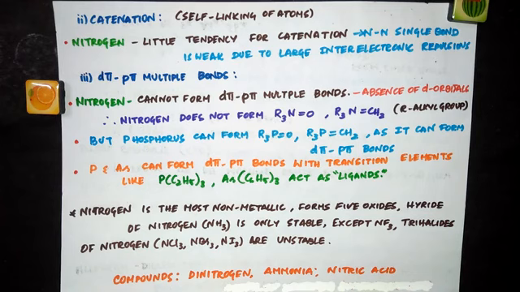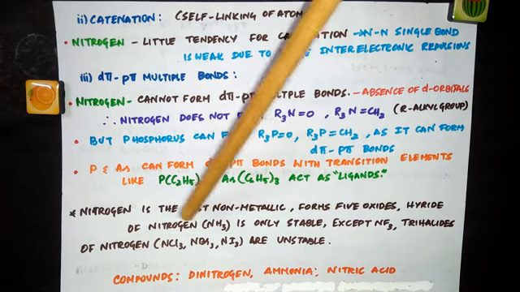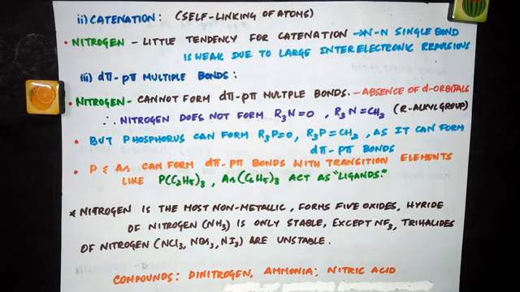When you take the hydride of nitrogen, how do you get it? When nitrogen reacts with hydrogen, you will get NH3, which is ammonia, nothing but the hydride of nitrogen. When you look at the hydrides of group 15 elements, only the hydride of nitrogen is stable, whereas the other hydrides are unstable. So NH3 is the only stable one. And when it comes to trihalides, except NF3, trihalides of nitrogen like NCl3, NBr3, NI3 are unstable.